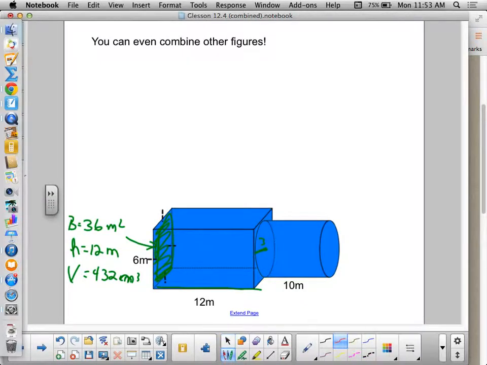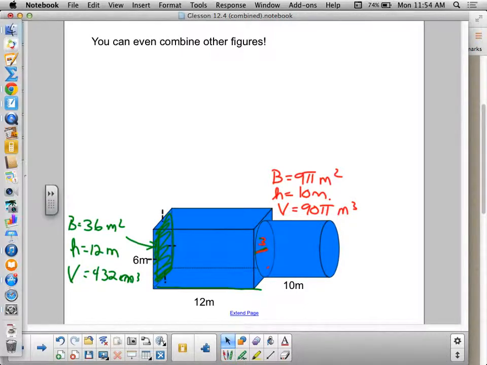So my base area, that shows up a little better. My base area is the circle, is the base. So my base area there is 9 pi. The height is 10 meters. So the volume is 90 pi meters cubed.